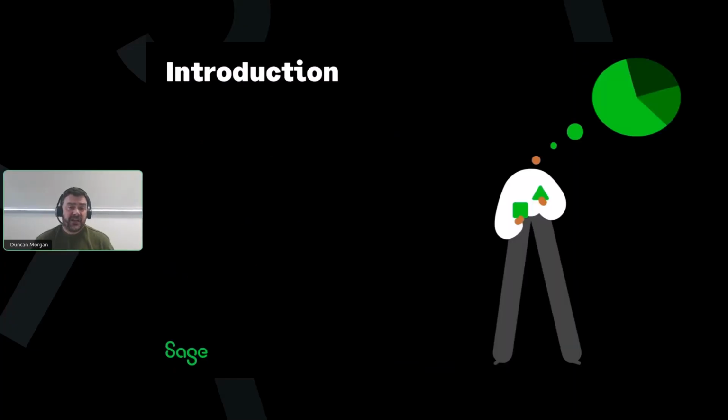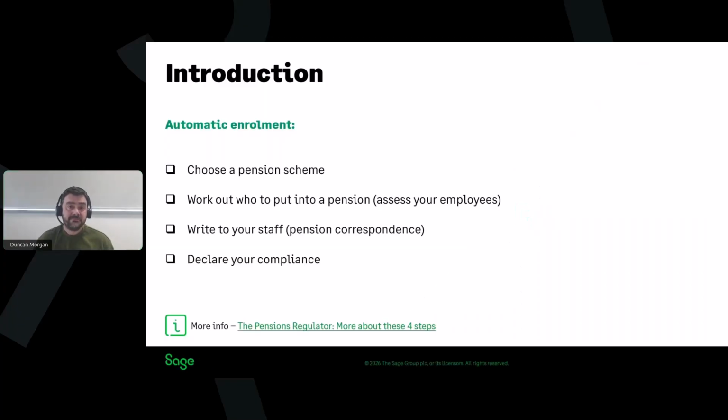So let's move straight on to our introduction, and we're going to start this session with a reminder of your employer auto-enrollment duties. Now, every UK employer now has a duty to put eligible staff into a qualifying pension scheme, and those duties begin the moment that you take on your first member of staff.